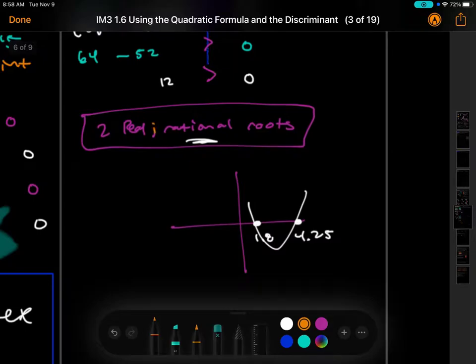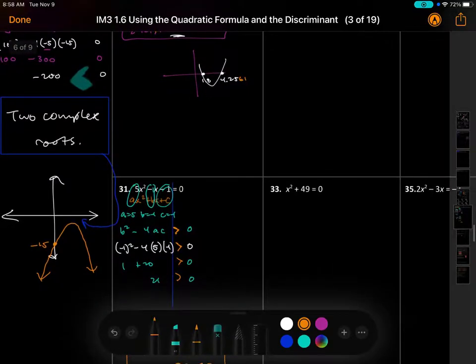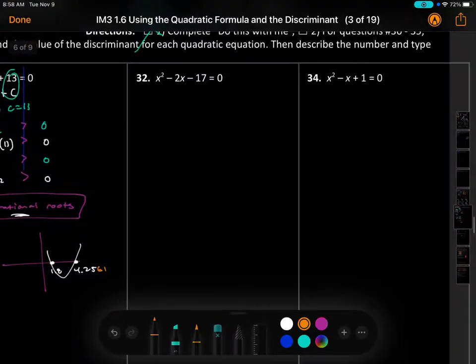It should be irrational. Some weird numbers. Okay. So double check. 12 and 2 irrationals, 21, 2 irrationals. Perfect. Okay, 33.